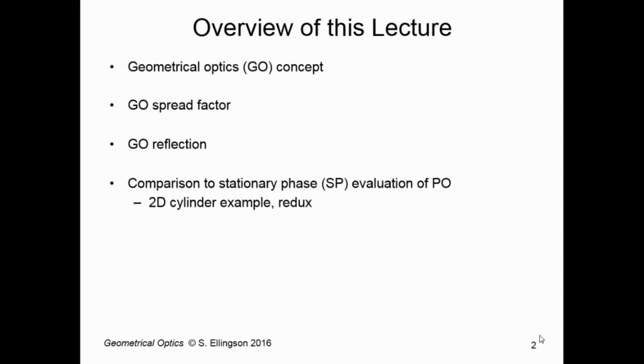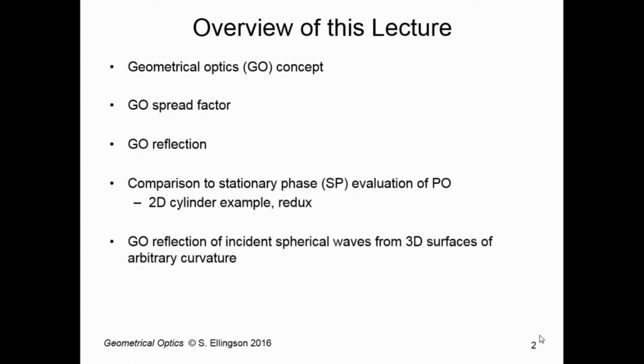This is something we covered in a previous lecture, so it's worth exploring it now in the context of this new technique, GO. Then we'll talk about GO reflection of incident spherical waves from 3D surfaces of arbitrary curvature. This is just what we need to do large reflector antenna problems, as well as other problems that involve electrically large surfaces.